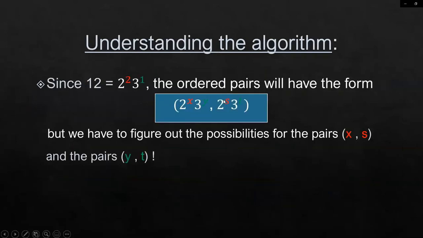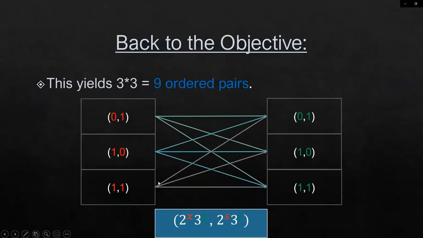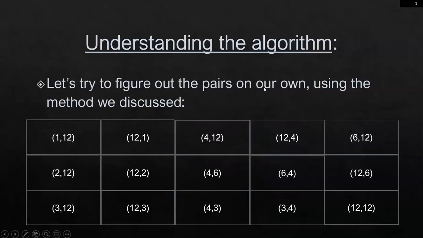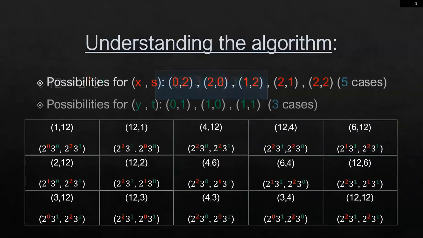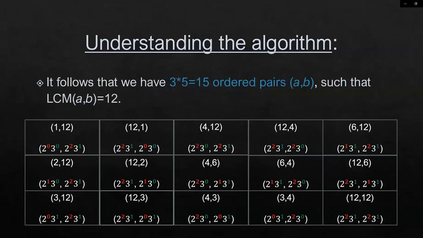And then, as we saw in this diagram here, in order to choose them all together, we're going to have to multiply how many pairs we have for the exponents of 2 times how many we have for the exponents of 3. So we have actually 15 ordered pairs.